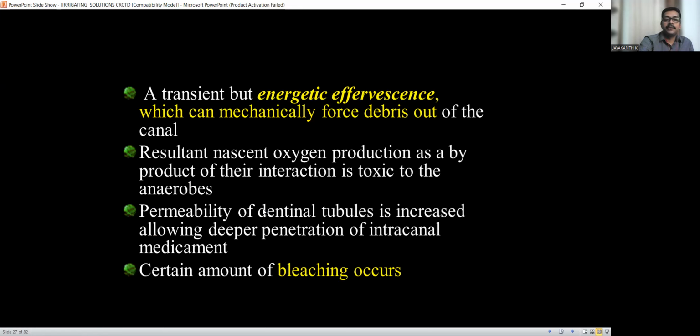Permeability of dentinal tubules is increased, allowing deeper penetration of intracanal medicament. A certain amount of bleaching action is also brought about by hydrogen peroxide. So the permeability of dentinal tubules is highly increased, allowing deeper penetration of intracanal medicament following the irrigation with hydrogen peroxide.